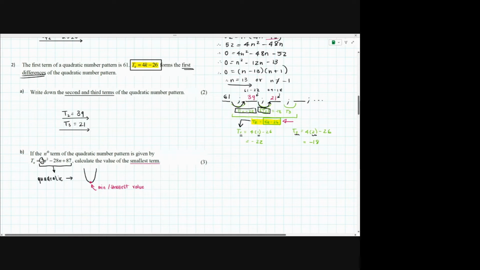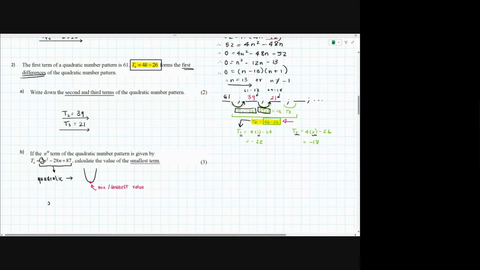Now what I want you to remember is that these n, so term 1, term 3, term 4, term 5, whatever, that is n. Those are your x values if you were to think of it in terms of a graph. The y values are your tn values, 61, 39, 21, etc. If we want to work out our turning point, there's a little formula. You could use calculus if you really wanted to, but we have our turning point formula.